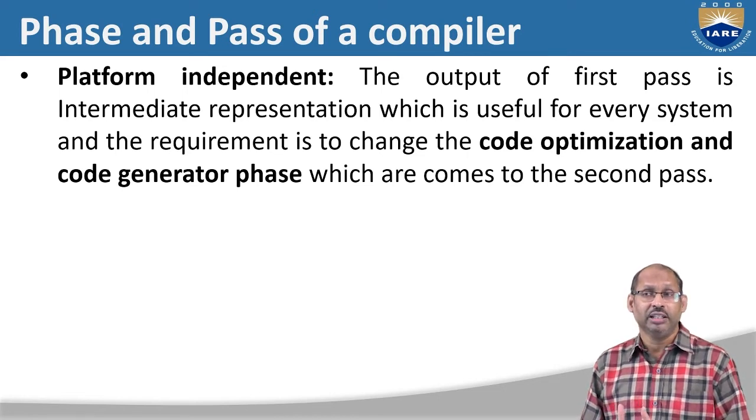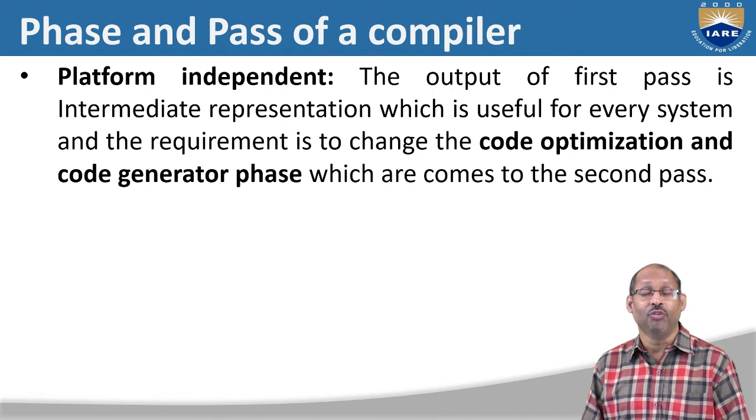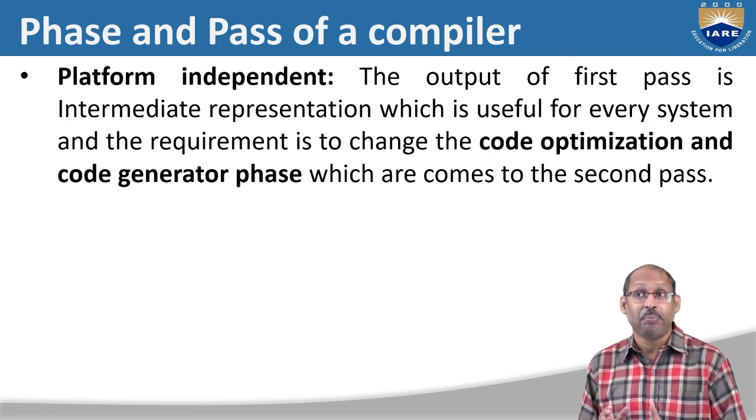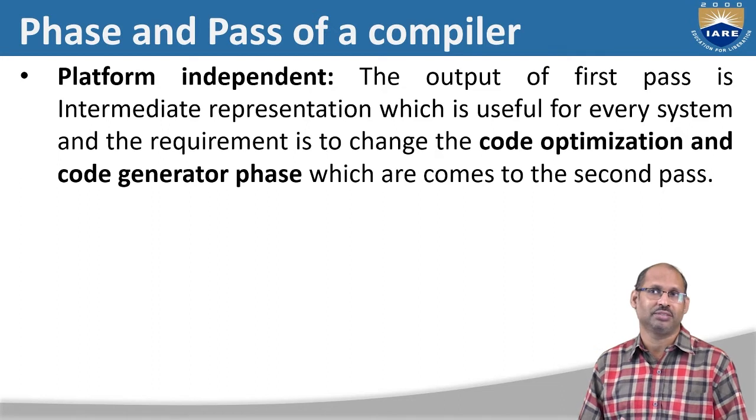Here, the code optimization and code generator will follow the machine instruction formats, the machine structure, assembly code statements, all such information. So depending on which system we are executing on, we use that particular second pass.